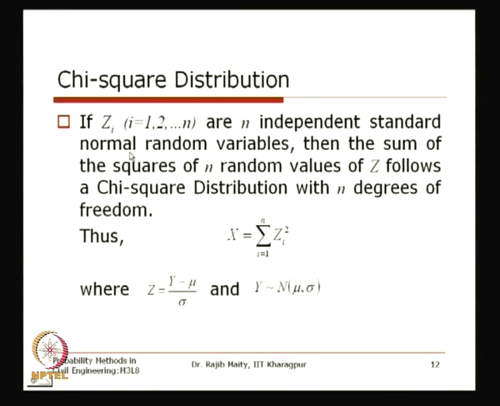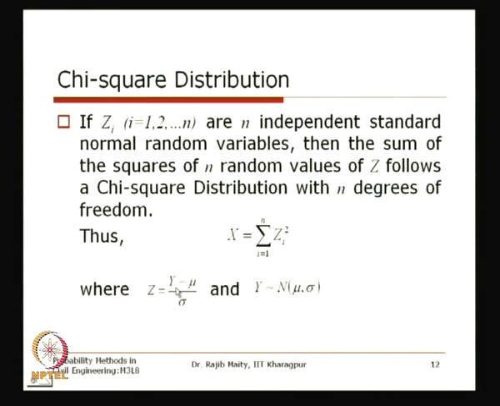Then the sum of the squares of these n independent standard normal random variables follows a chi-square distribution with n degrees of freedom. So the random variable X that I am defining equals the summation of Z1 squared plus Z2 squared up to Zn squared, where the Z are standard normal.